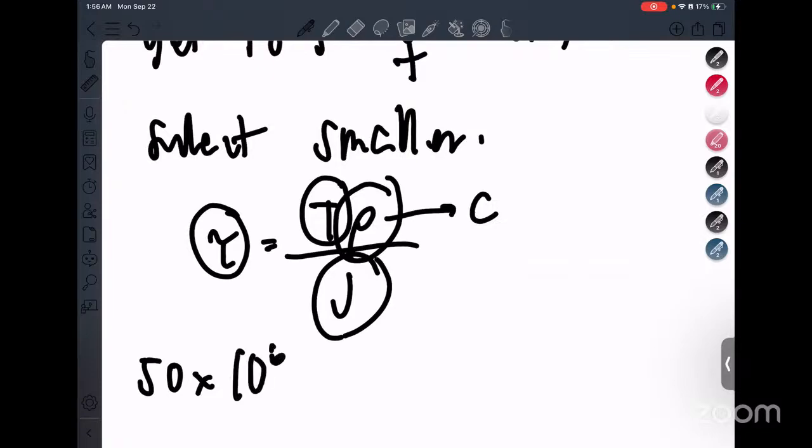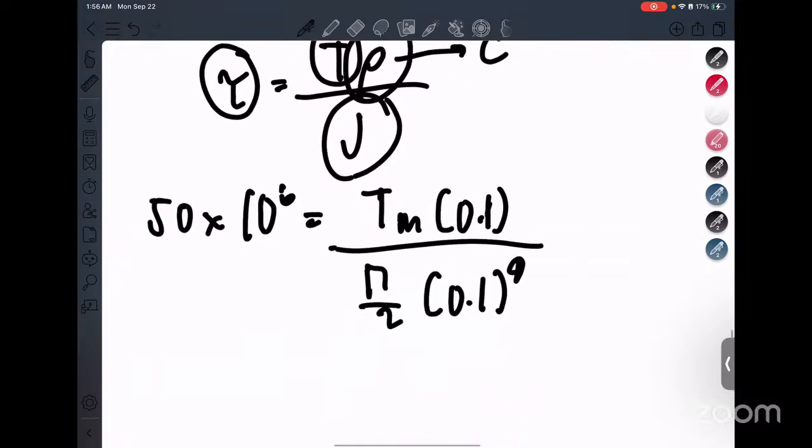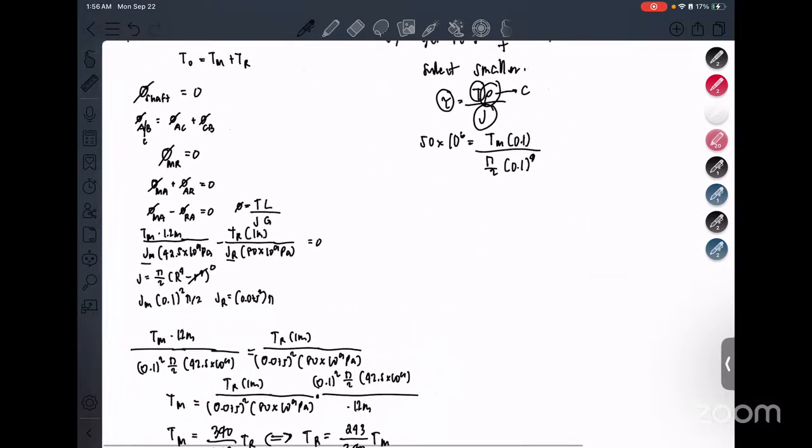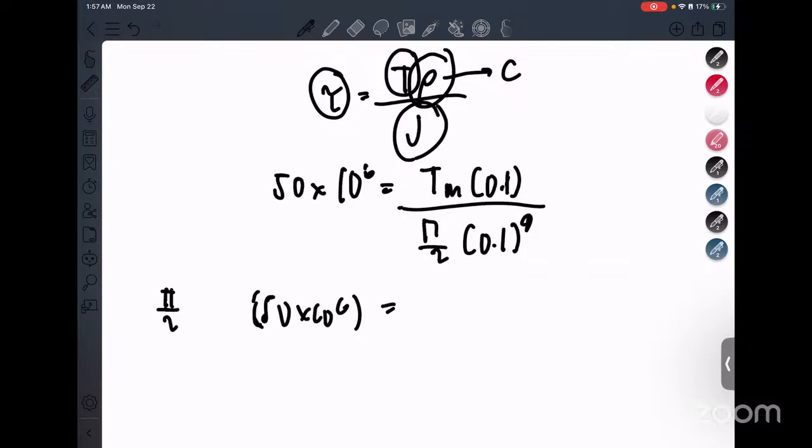50 times 10 to the 6 is equal to Tm times 0.1 pi over 2 times 0.1 raised to 5. This is what we got from kanina. Yeah, okay. So then, simplifying these values, magiging 50 times 10 raised to 6 pi over 2 times 0.1 raised to 4 over 0.1.